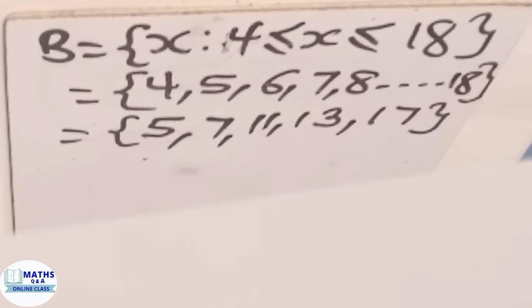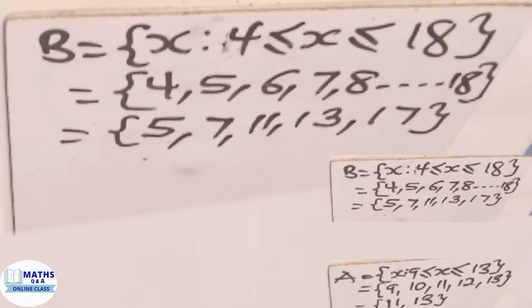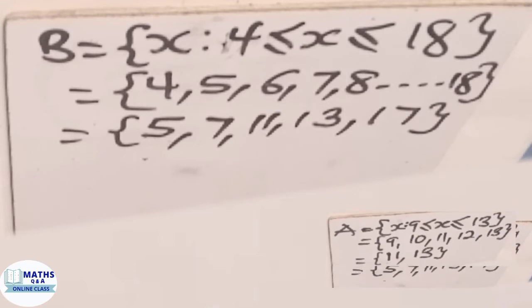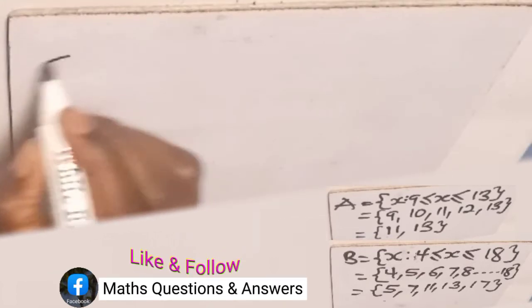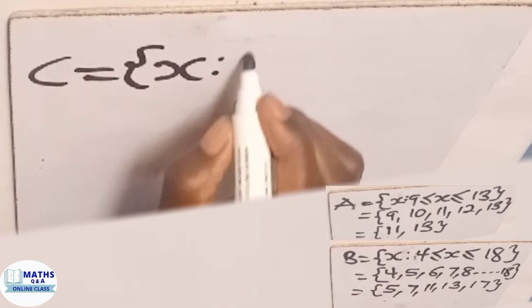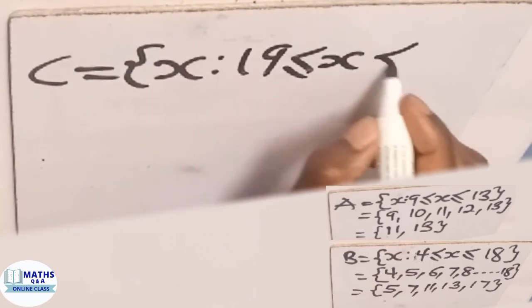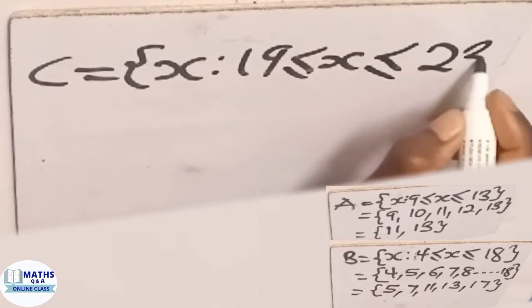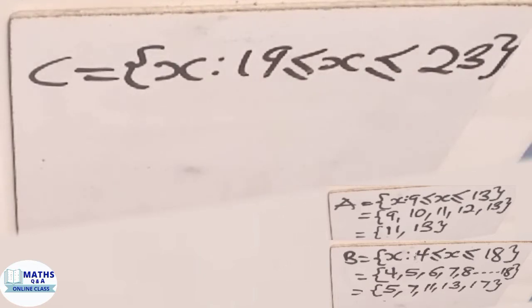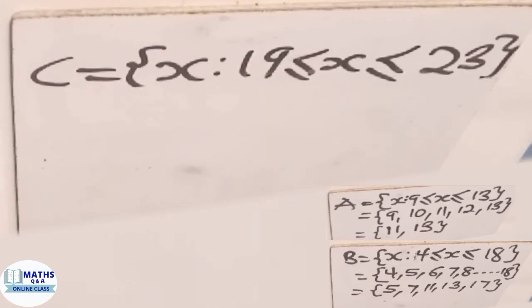Now, let's move on to the next set, option C. Option C says that x is such that x is greater than or equal to 19, but less than or equal to 23. So we are writing numbers from 19 to 23.